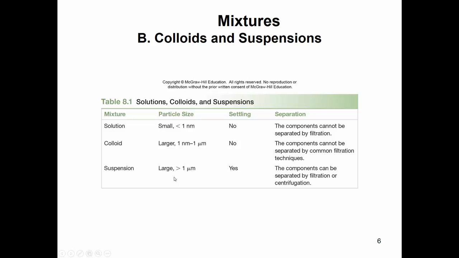A suspension has large particle size, and you do see settling. We saw those two separate layers in the previous picture. And you can separate by filtration or centrifuge. You can also just decant or pour off. So if you look at that oil and water, you could pour off the oil and leave behind the water.